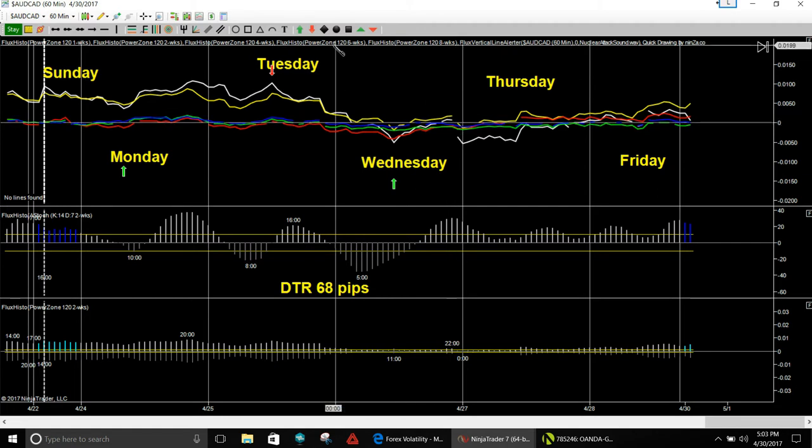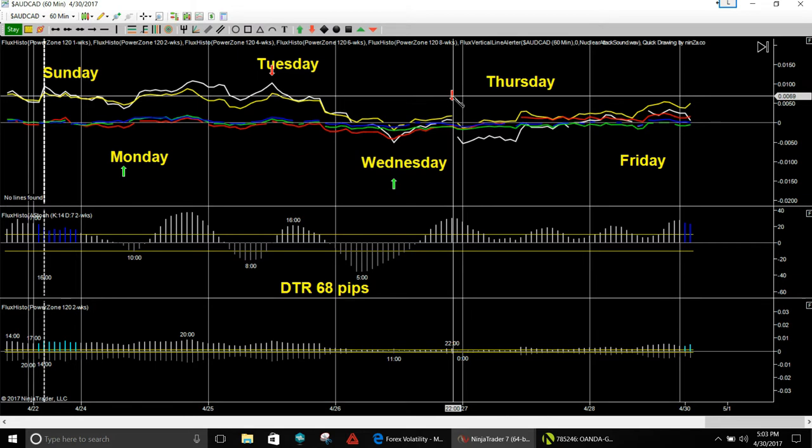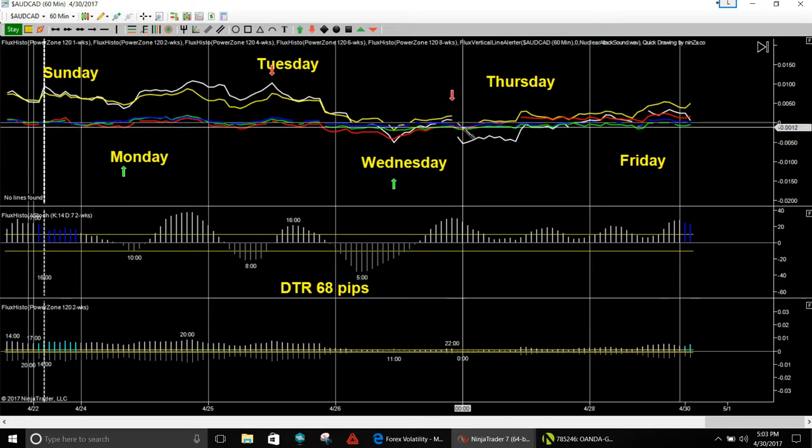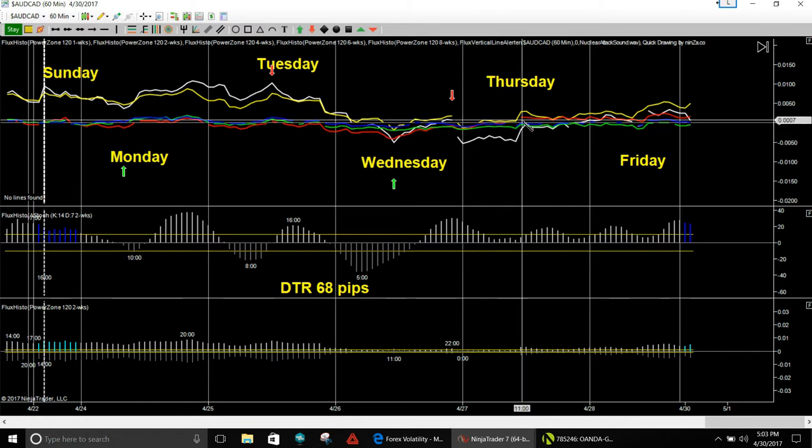But not for long, until Wednesday night at 2100, which is 9 o'clock p.m. New York time. Okay, and then it looks like it's really not going anywhere. It's just going sideways. Looks like it's going to go back up and do some sideways movement here.